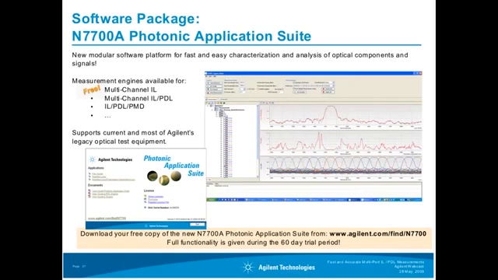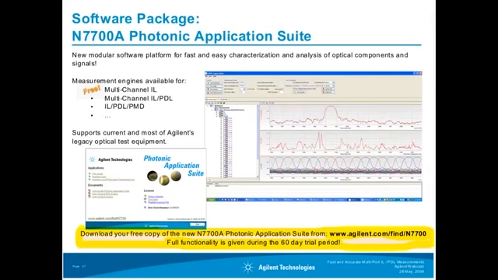And this software is available for download right now. So you can go to this indicated web page here and download the software and get it running on your computer immediately. The full functionality of this software package is given during the first 60 days, which are considered a trial evaluation period.